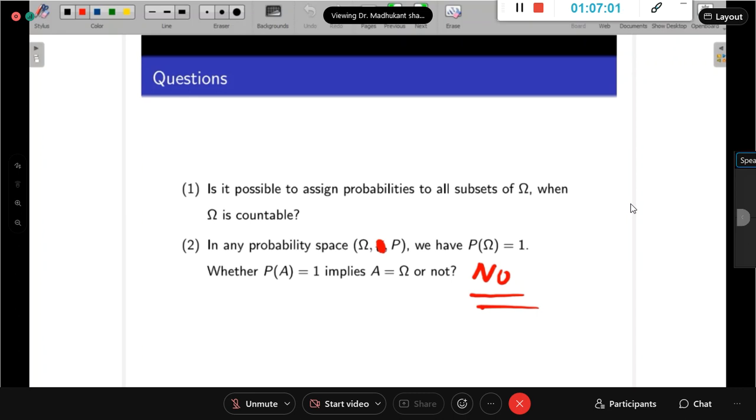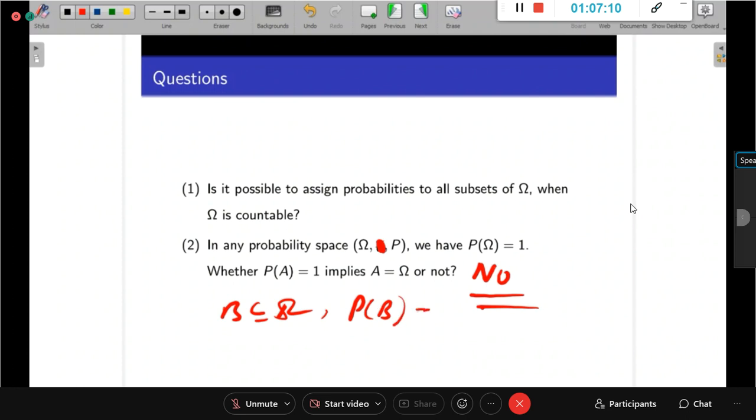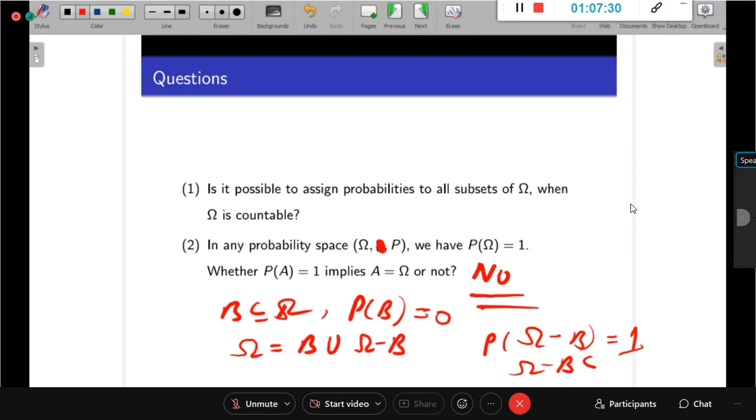Omega is always exhaustive, right? See, you are saying B is a subset of omega with the fact that probability of B is 0. And then, of course, you can write omega as B union omega minus B. Then probability of omega minus B equals 1, and omega minus B is a proper subset of omega.